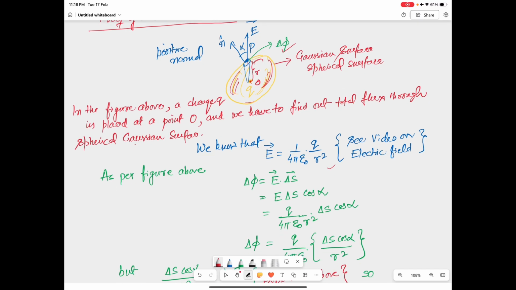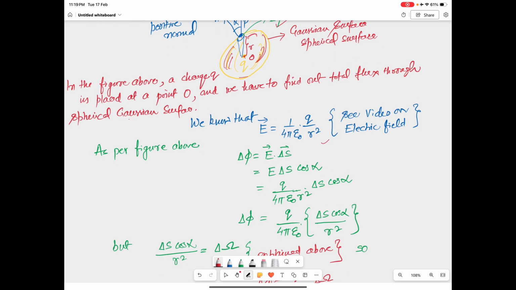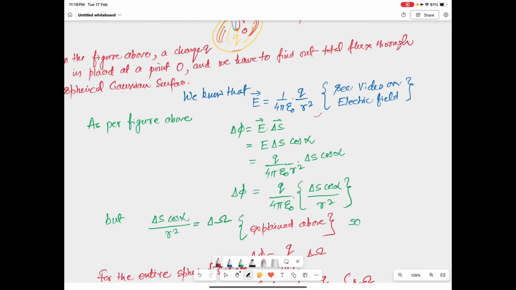will be E dot delta S, which is E delta S cos alpha, because there is an angle alpha between the positive normal and E, as explained above. So with the E value, it is Q upon 4 pi epsilon naught R square times delta S cos alpha. I have separated out delta S cos alpha by R square and Q upon 4 pi epsilon naught.